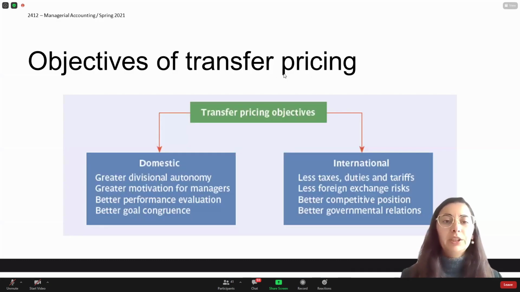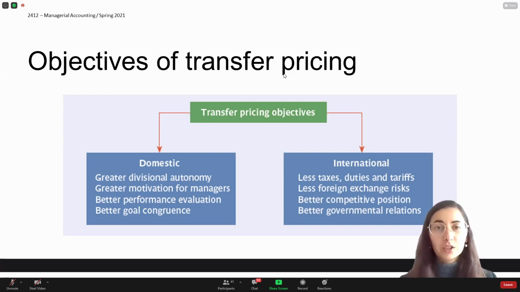So what are the objectives of transfer pricing? For domestic organizations, it is to have greater autonomy between the divisions, to increase motivation for managers, and to have a better performance evaluation and also better goal congruence, to make sure that things are aligned within the organization.